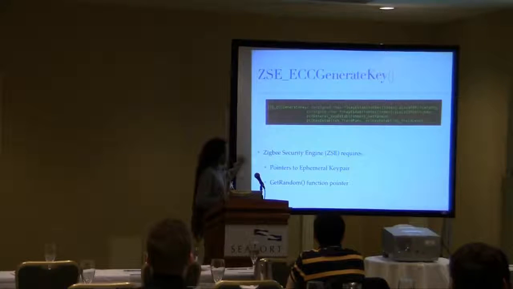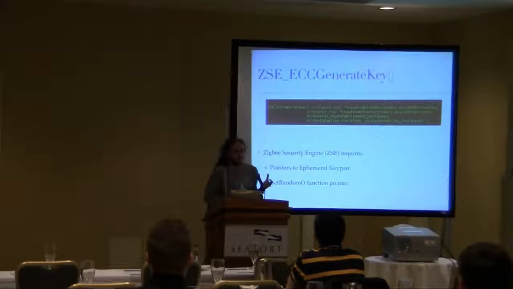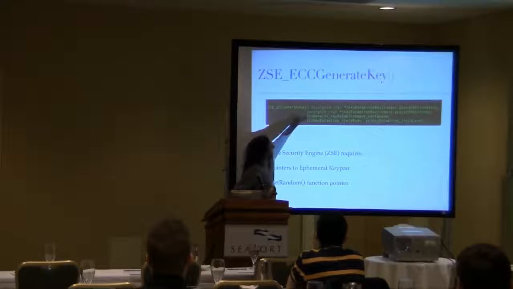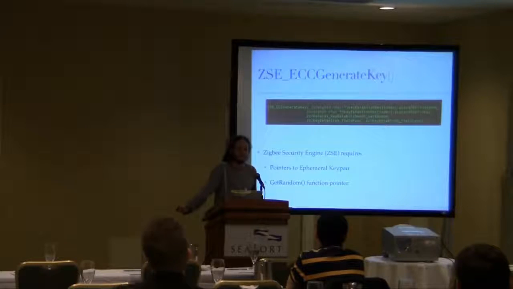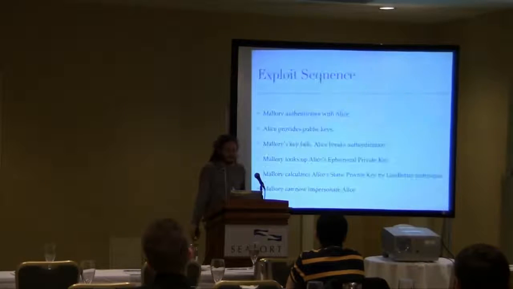It takes pointers to the key pairs, and then it also takes a getRandom function, and it uses this to generate the ephemeral key. So this third parameter here, ZCL general key establishment getRandom, all this does is grab bytes from the bad pseudorandom number generator.